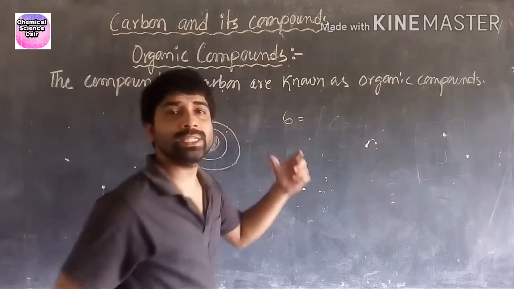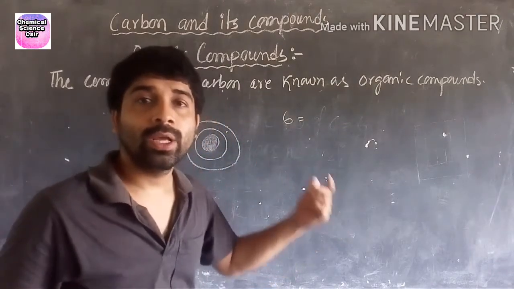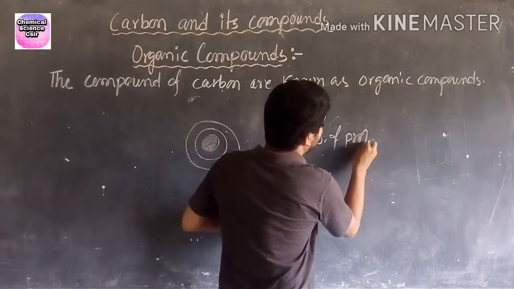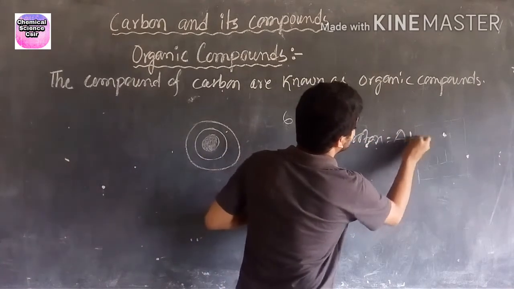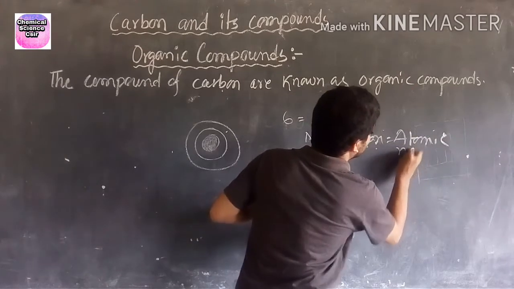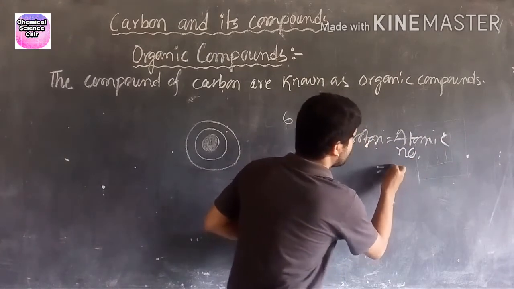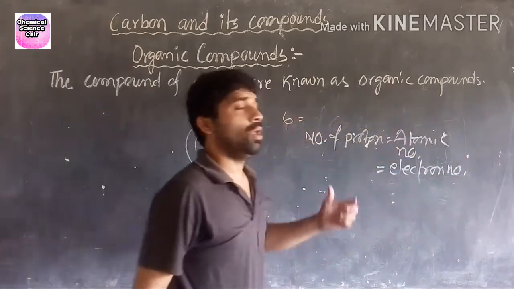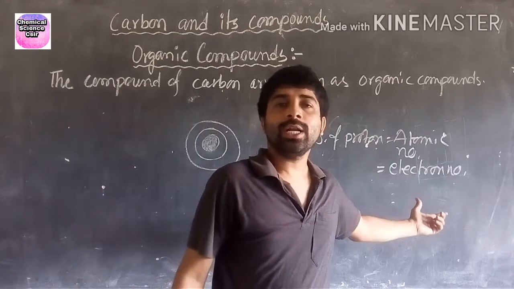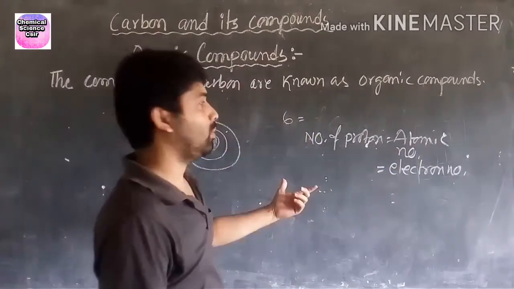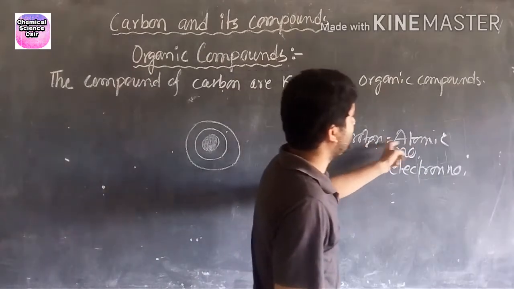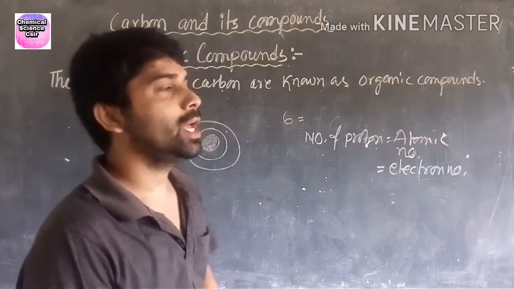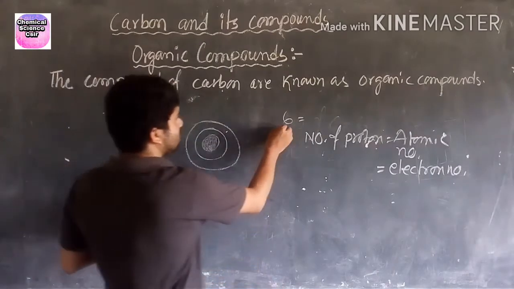That means the number of protons equals the atomic number equals the electron number, only for a neutral atom. Understood? So this is 6.